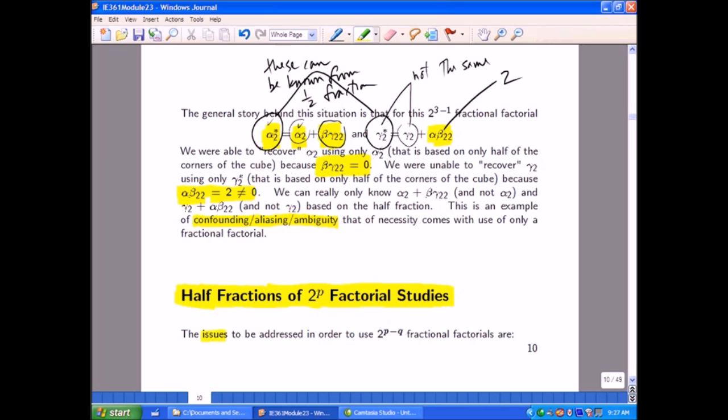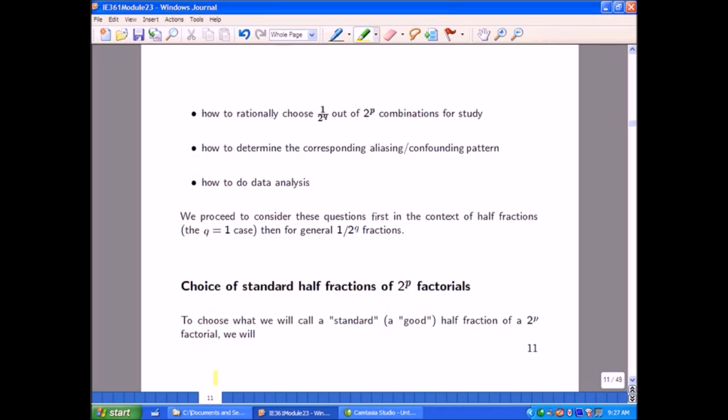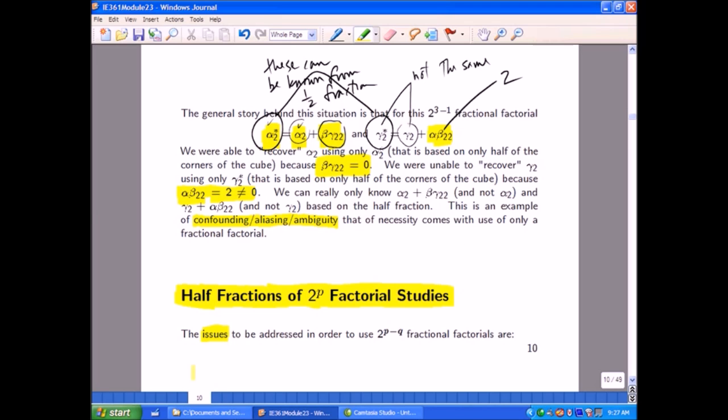The issues that we're going to have to face are these. In the first place, how do I rationally choose the combinations for study? That is, how did I know to choose the 4 out of 8 corners that I chose on that cube? How do I make rational choices of fractional factorials? Once I do that, how did I know this general story here?